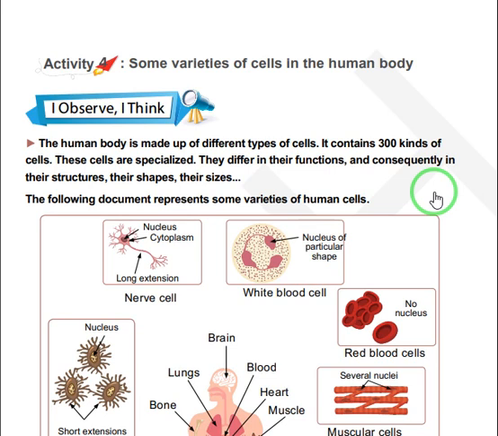They do not have the same features. Most have a round shape, circular shape, or elongated, and they differ in their functions also, and consequently in their structures and sizes. Let's observe the following document.